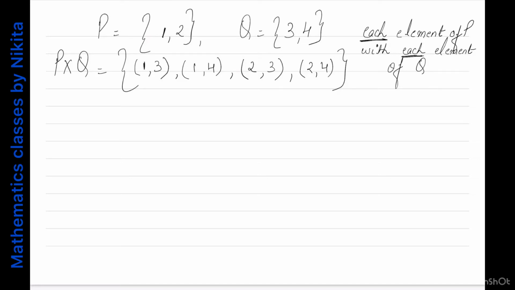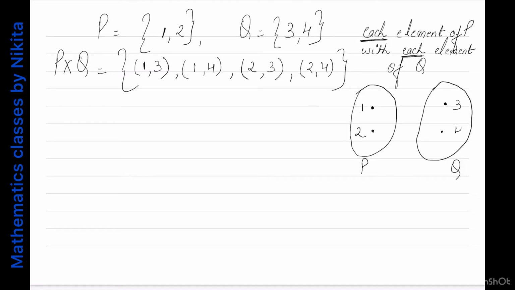और अगर आपको इसको विजुलाइज करना है विद द हेल्प ऑफ अ डायग्राम, suppose this is my set P and this is my set Q. P has two elements, 1 and 2, and Q has again two elements, 3 and 4.